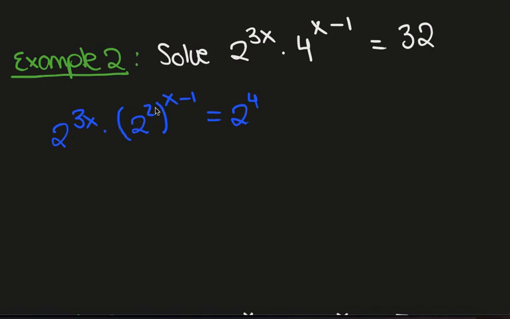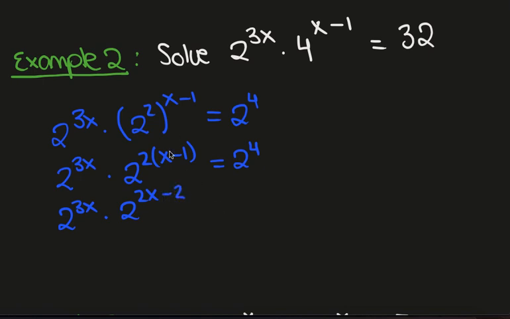Now the third index law allows us to simplify this second product, and what we get is 2 to the 2 times x minus 1, and we can write that as 2 to the 2x minus 2, just expanding this out, equals 2 to the 4.